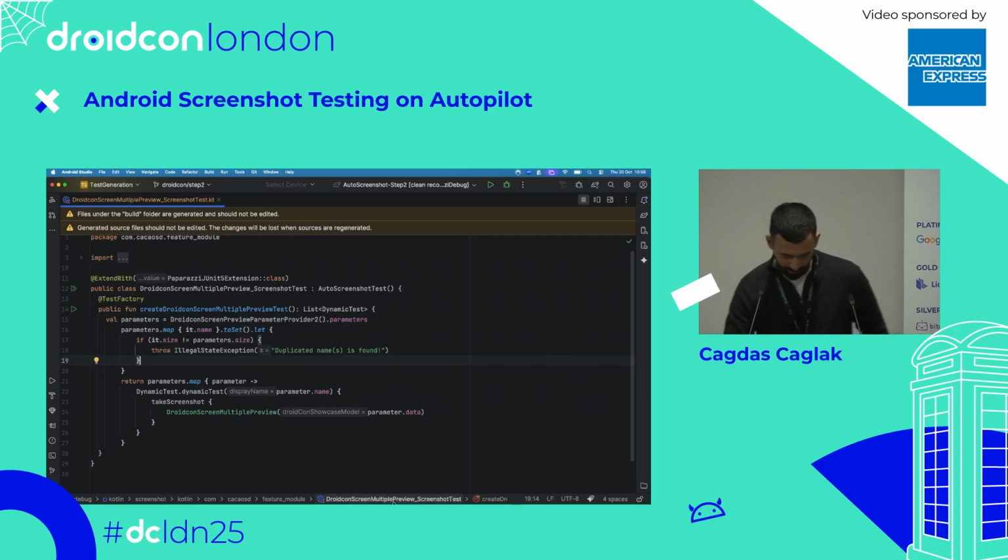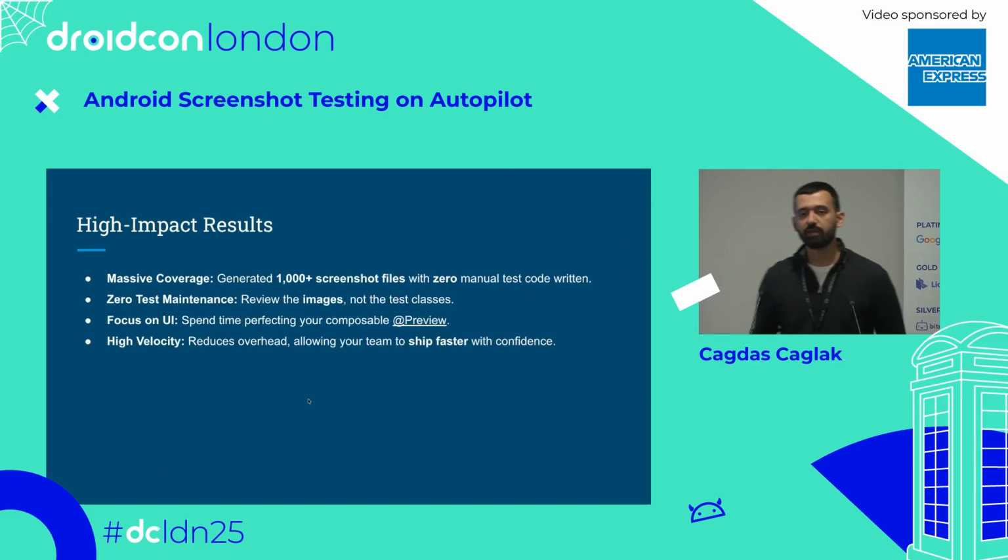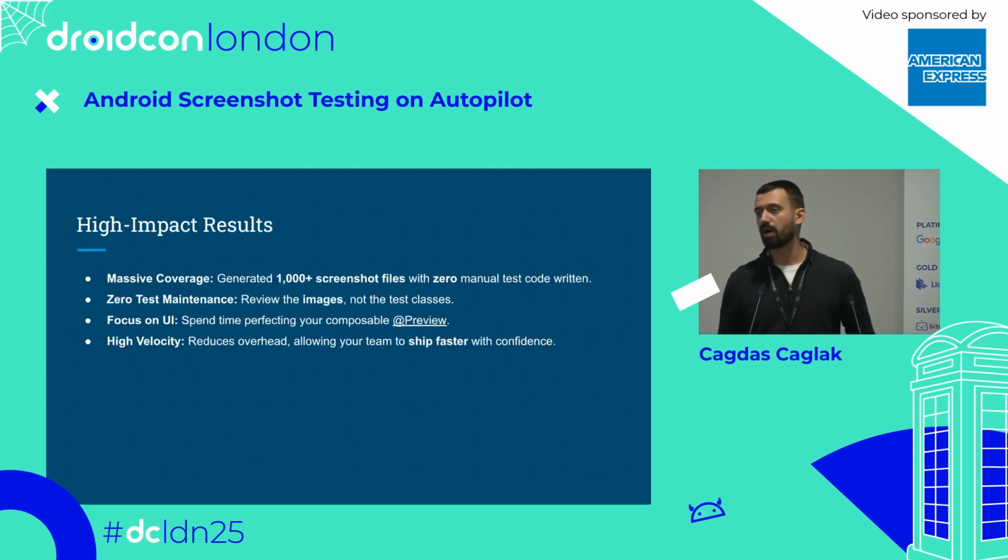So let's head back to the presentation. Okay. Let's talk about the results. As I mentioned, we are using this in our existing project, and we have over 1,000 screenshot files with zero manually written test code. What is the advantage of this? In the project, we are just reviewing the images, not the test code, because in the screenshot test code, we don't need it.